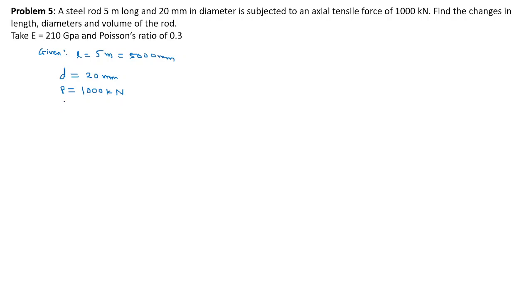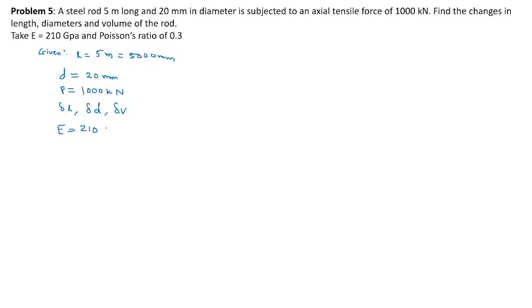Next, find the changes in length, delta L, then diameter, delta D, then volume, delta V. We need to find these three quantities. Take E, Young's modulus, as 210 GPa.